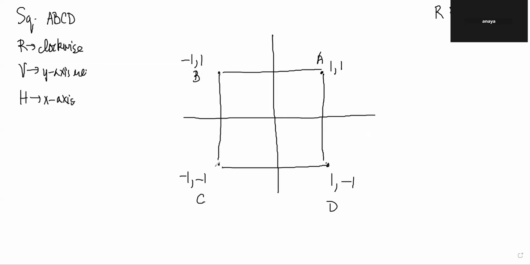Then reflection about the y-axis brings C to D. And then about the x-axis, D goes back to A. So RRVH will bring the point A back to A. We need to find how many sequences of 20 transformations will not change anything, basically.